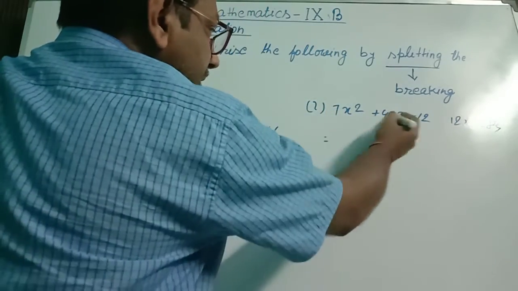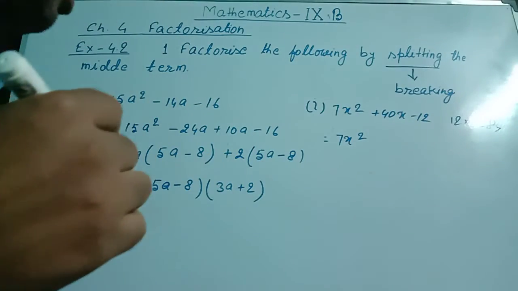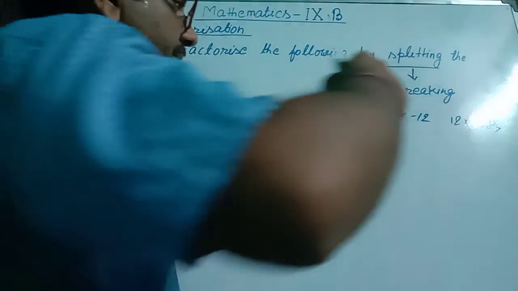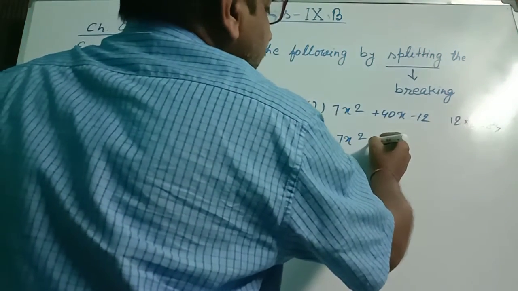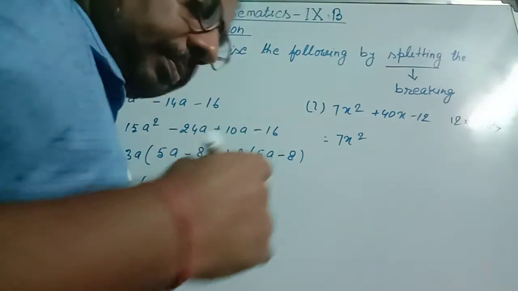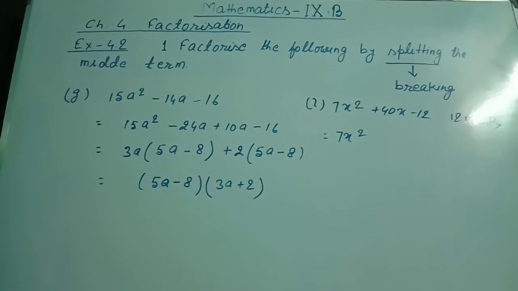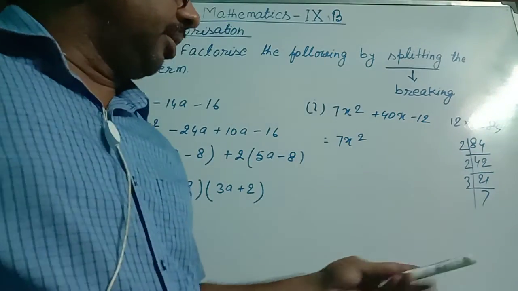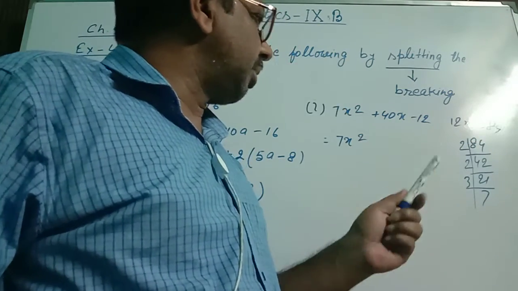Now we will split the middle term in such a way that addition or subtraction should be equal to 40x, but the multiplication of their coefficient should be equal to 84. Here we are getting a bigger number, 84, so sometimes you will face problems to split.